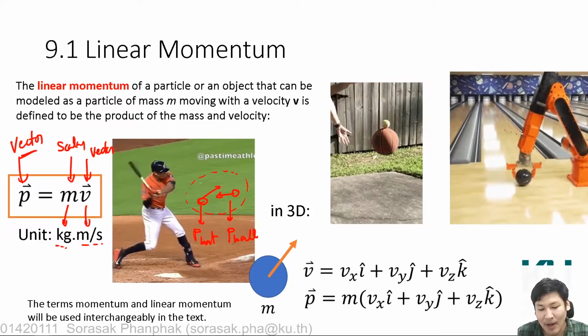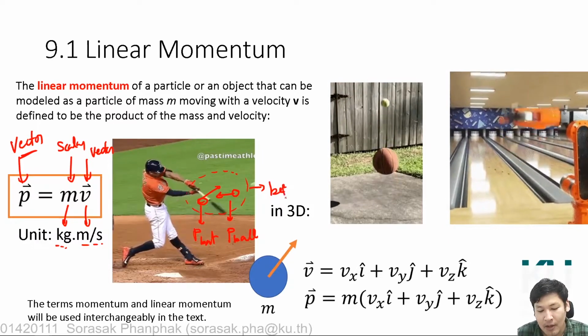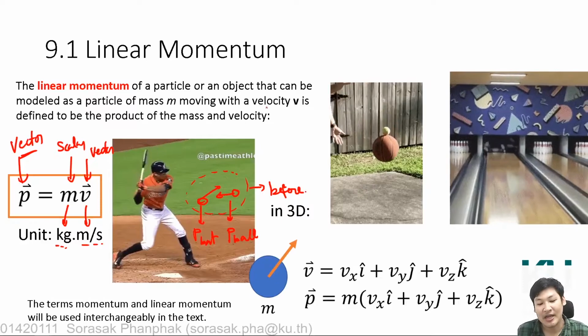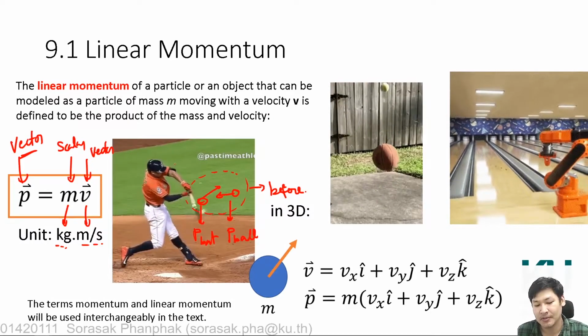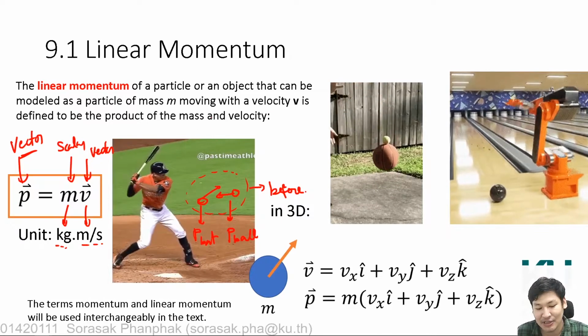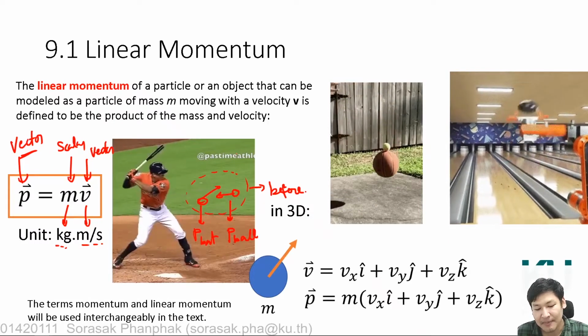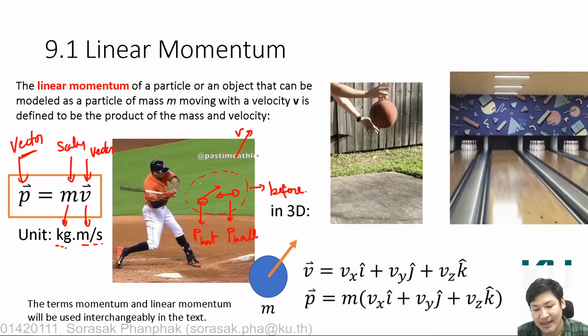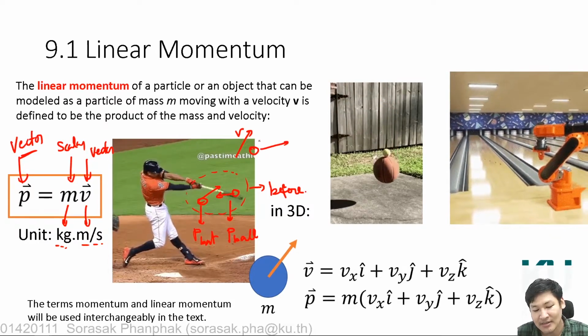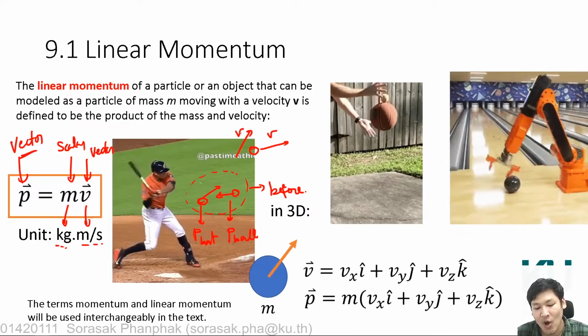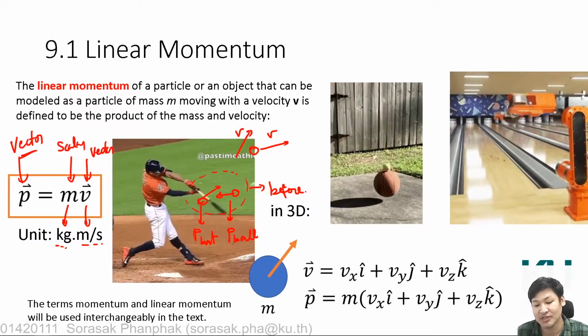However, this is what happens before a collision, before this guy hits the ball. But what happens next? When the bat hits the ball, you can see the bat has some velocity and the ball also has another velocity. We call these the terminal velocities.